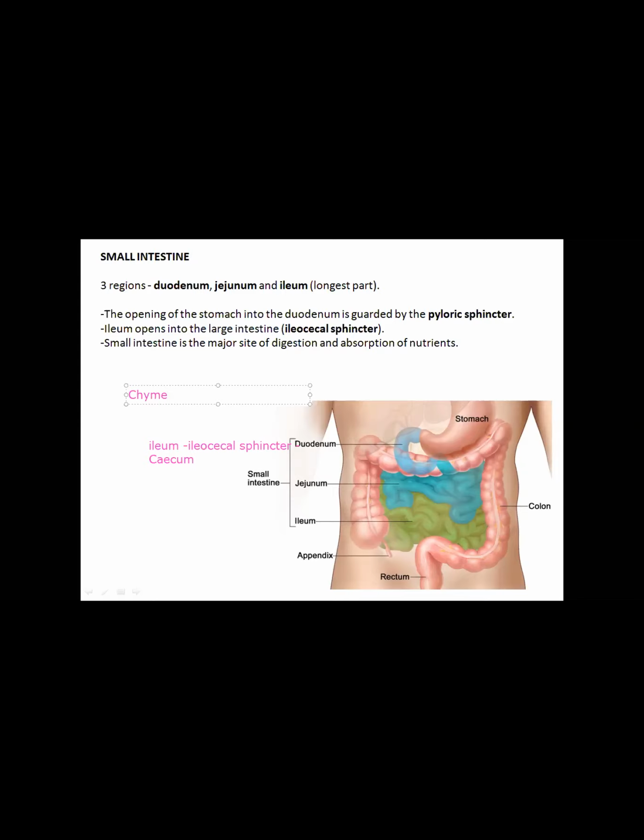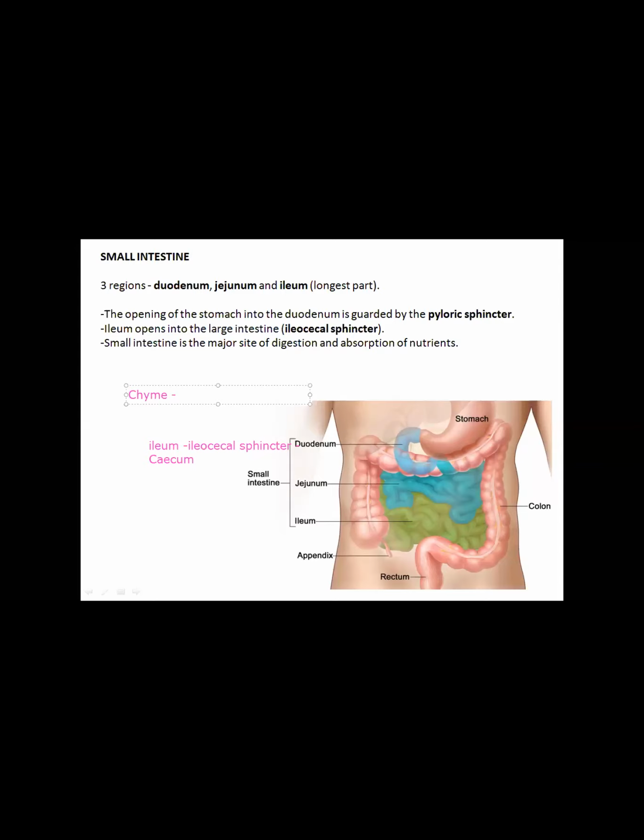But after the action of pepsin enzyme, the food is known as chyme. So the food that is entering the small intestine is known as chyme. Okay? So जो food is entering from the stomach, it is now known as chyme, after the action of pepsin enzyme, of course. Stomach में pepsin enzyme ही act किया है ना?